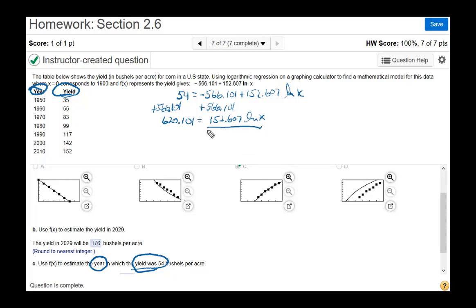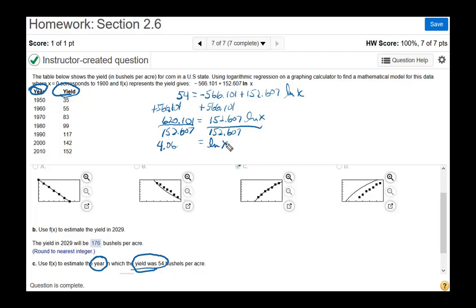We need to divide both sides by the 152.607, and that comes out to be approximately 4.06. Now there's digits after that. I'm not going to bother writing all of those. However, I will also use all of those in my calculation.